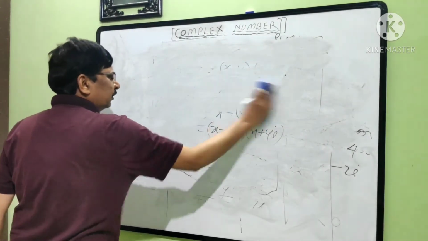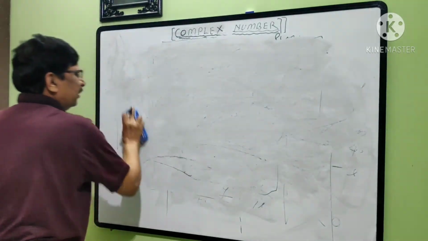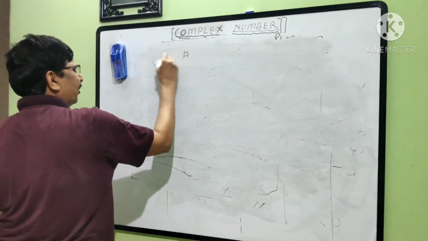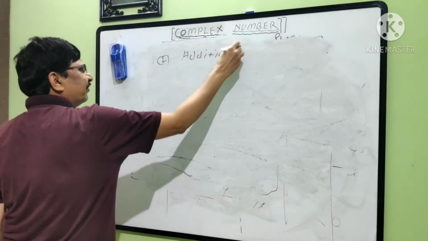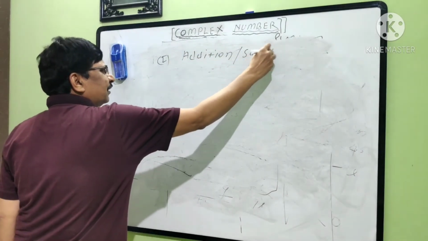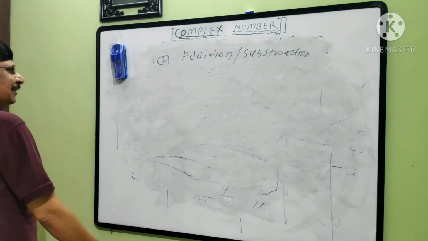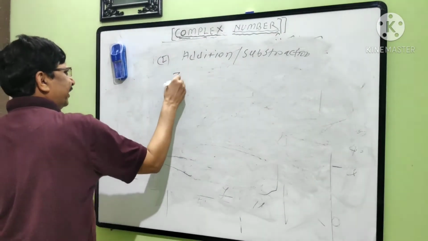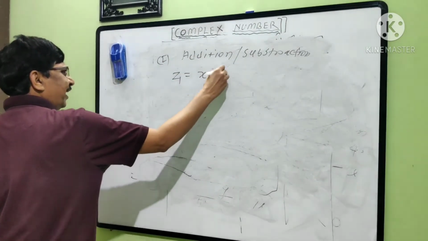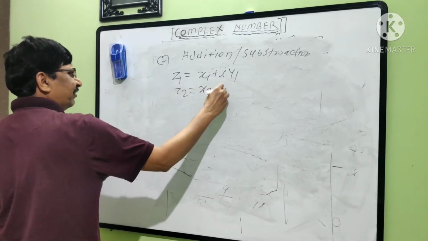Now algebra of complex numbers: addition and subtraction. Number 1, addition. Subtraction has no separate importance, because in addition subtraction comes automatically. Suppose z1 is one complex number, x1 plus i y1, and z2 is x2 plus i y2.